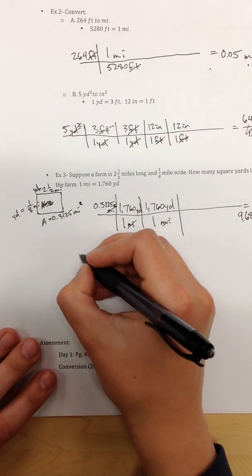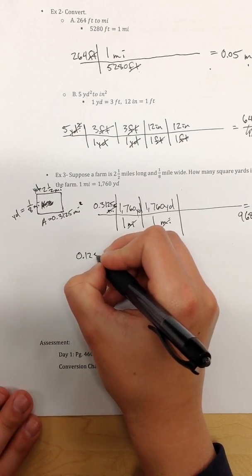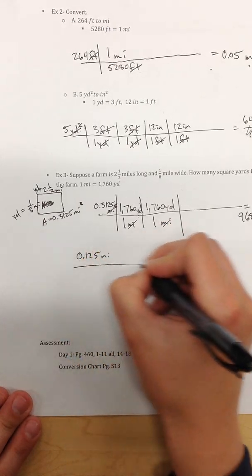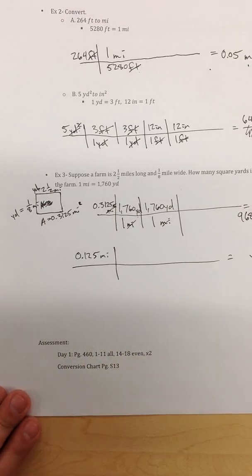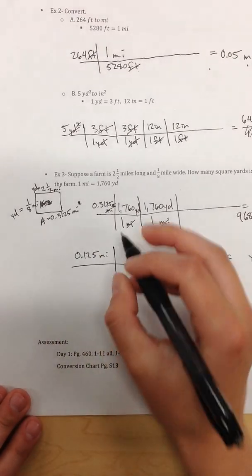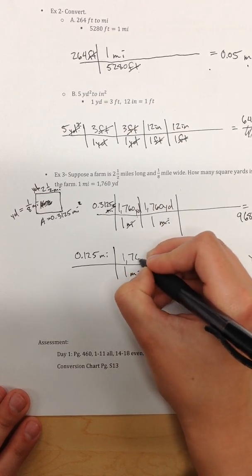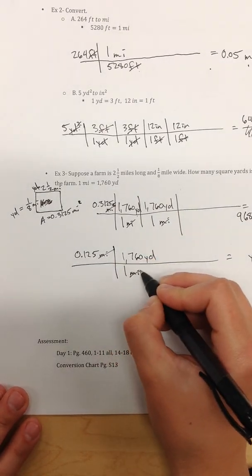So if I took 1/8, which is 0.125 miles, and converted that just to single yards, because I'm in regular miles and I'm going to regular yards, I would do that same conversion there. So 1 mile and 1,760 yards, and I only have to do this once because I've got miles there, miles there.